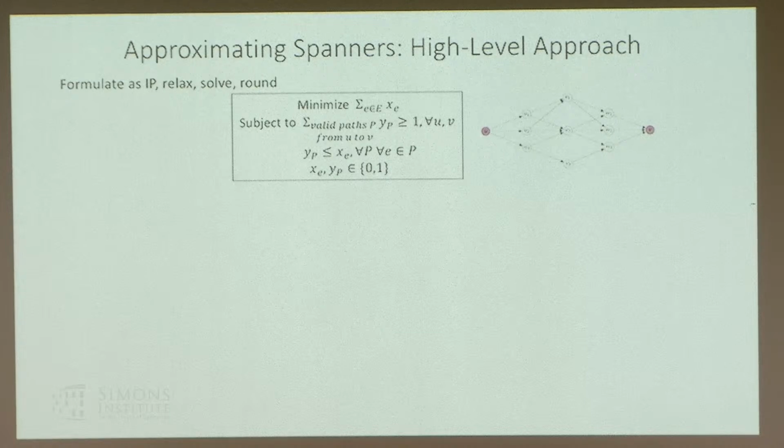If you take an edge in the spanner, we'd like it to be 1, otherwise 0. And then we'd like to have a valid path between every pair u, v. So we have these path variables y_p, and we sum over all possible valid paths, and we want the summation to be at least 1. And then if we took a path, then we should be taking the edge. And that's pretty much it.